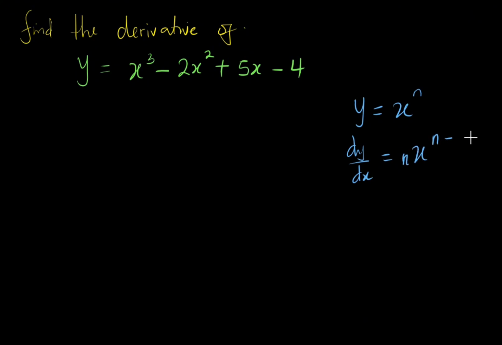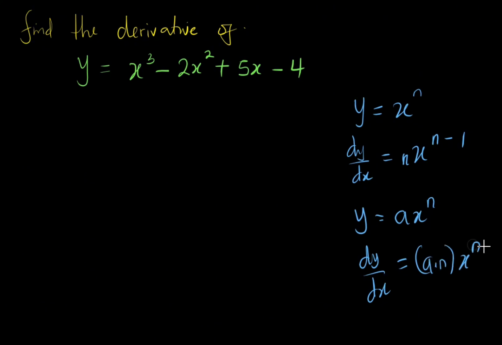Or better still, if we have y equals ax to the power of n, then dy/dx will be equal to a multiplied by n, then x to the power of n minus 1, where a is the coefficient of x and n is the exponent of power.